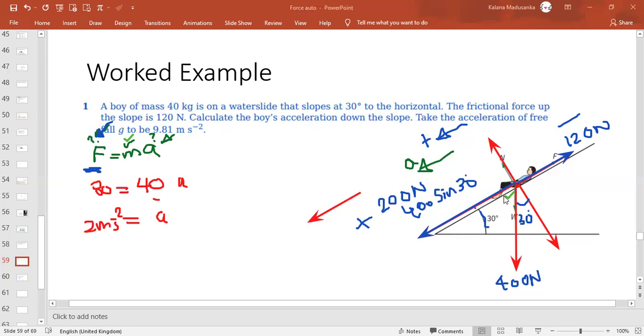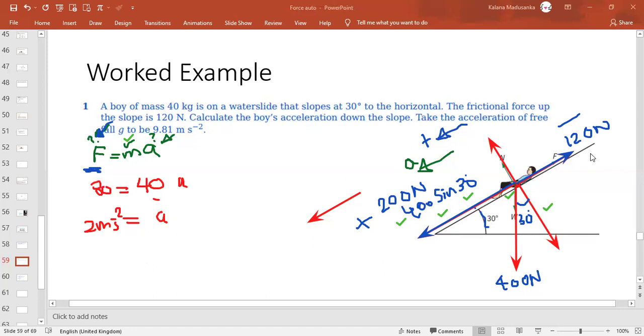And sometimes they cannot understand what is the cos one, what is the sine one. If you take two different things, the value is again going to be different. And sometimes once they find out this 400 sine 30, they get 200 newtons and directly apply the F value as 200. However, there's a friction opposed to that. That is why we always have to draw the free body diagram with all the forces at the same time.